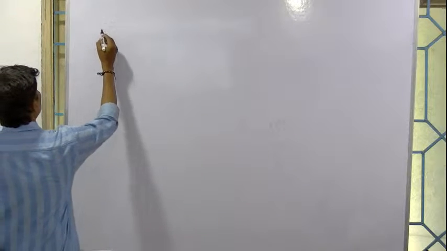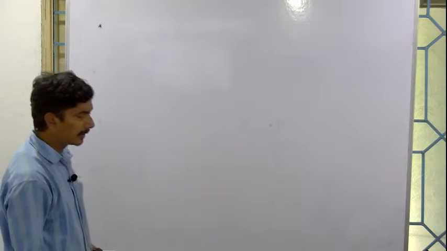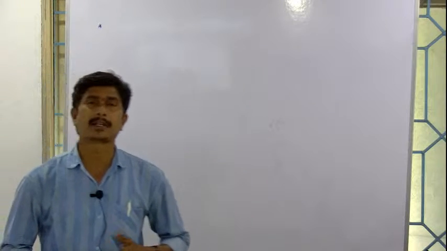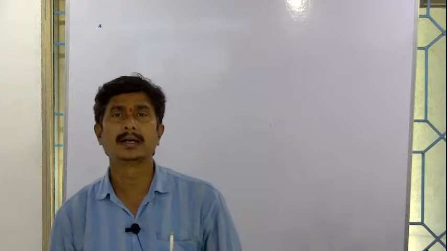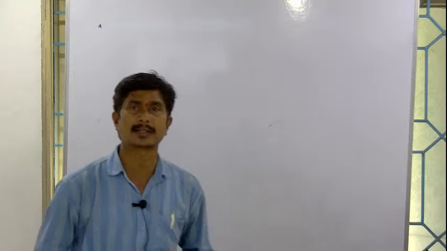So in last class we discussed the aromatic aldehydes and the ketones preparation methods. The chemical properties of aromatic aldehydes, benzaldehyde and acetophenone, are similar to the aliphatic aldehydes as well as the ketones.